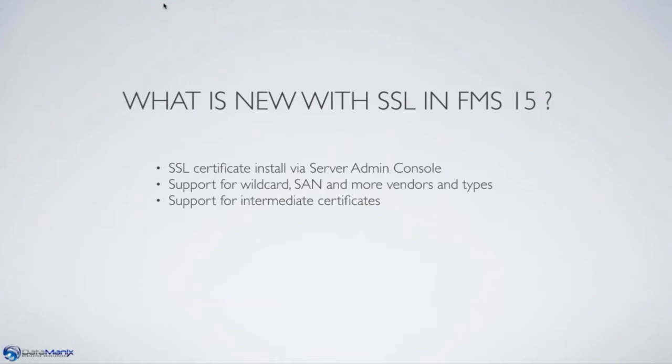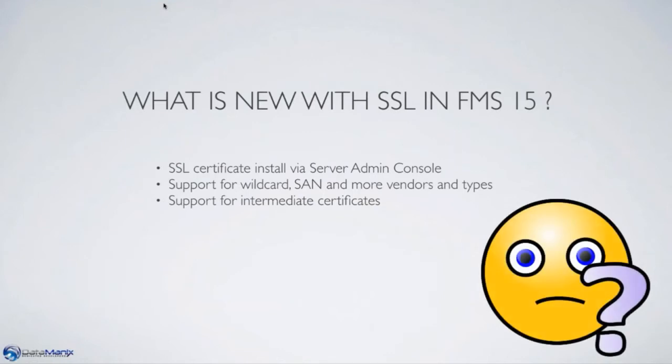Another great new addition is the support for Wildcard and SAN and more vendors and types of certificates. And there's also support for intermediate certificates. These are probably terms you are not overly familiar with, but we'll get back to that in just a minute. I'd like to start off by talking a little bit about DNS.